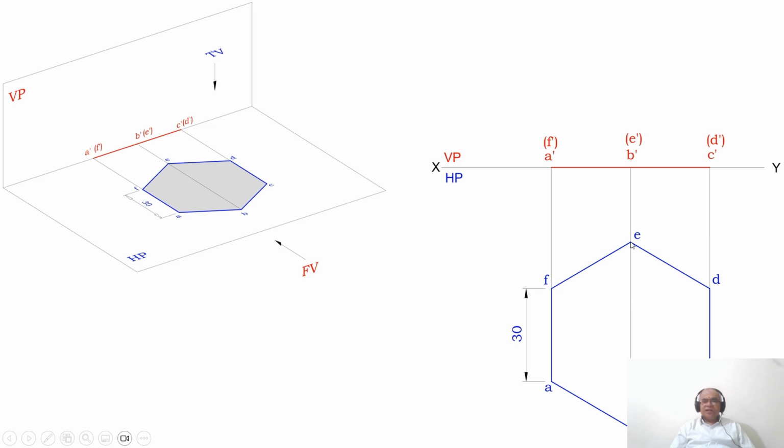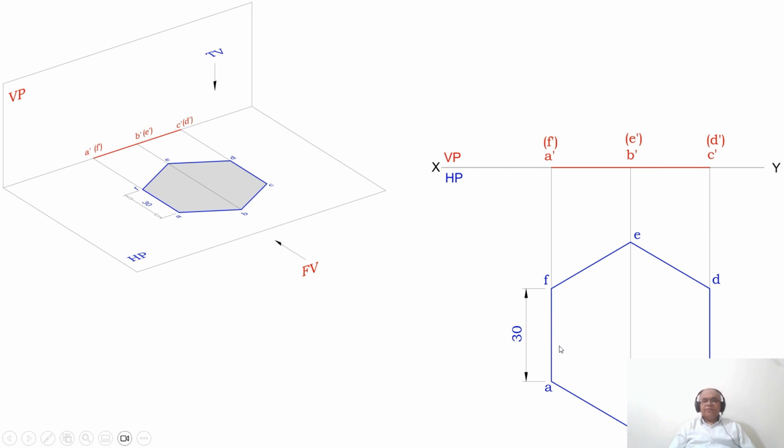Similarly, with this as center, with the same radius of 30, cut on this side and also on this side of the circumference of the circle. Then mark these points A, B, C, D, E and F. Once you do that, join A to B, B to C, C to D, D to E, E to F and F to A with a dotted line. That will form the hexagon of side 30 mm.